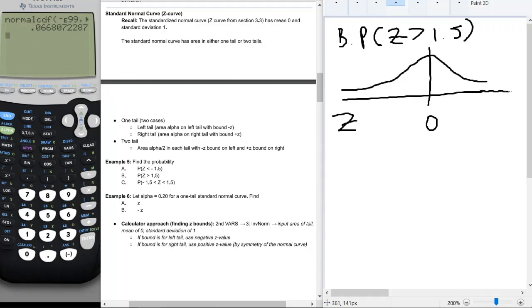Because we are centered at 0, 1.5 should go somewhere on this side here. And notice we want to be greater than 1.5, so we shade this way. That gives us our lower bound, upper bound, mean, standard deviation. So the probability that z is bigger than 1.5 is going to be a normal CDF.